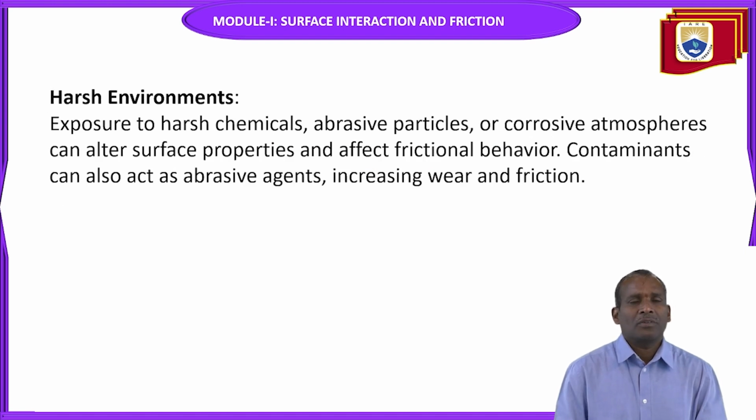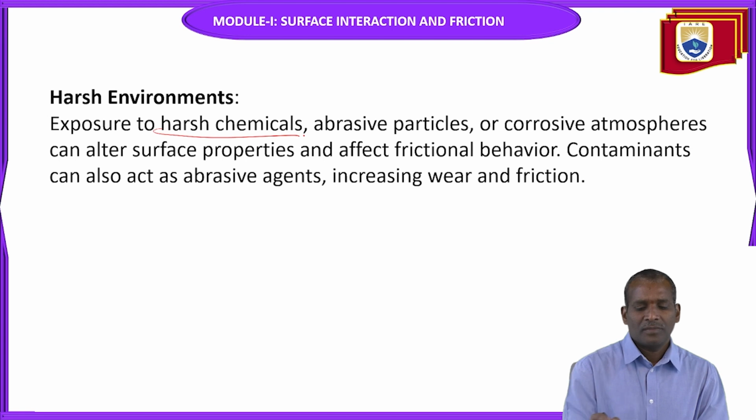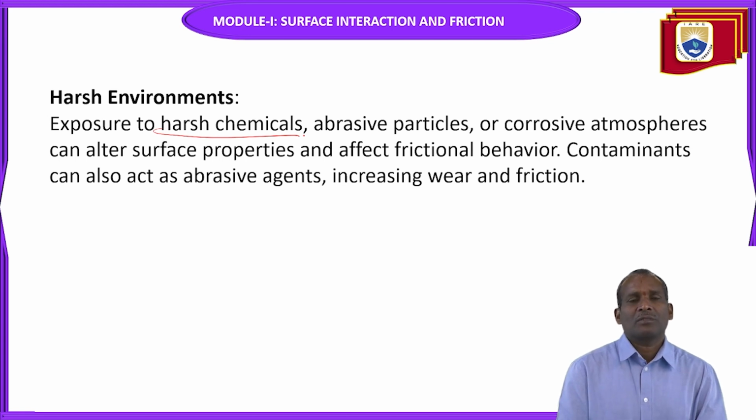Next, harsh environments. Exposure to harsh chemicals and abrasive particles, other foreign materials, or corrosive atmospheres can alter surface properties and affect frictional behavior. Contaminants can also act as abrasive agents, increasing wear and friction.